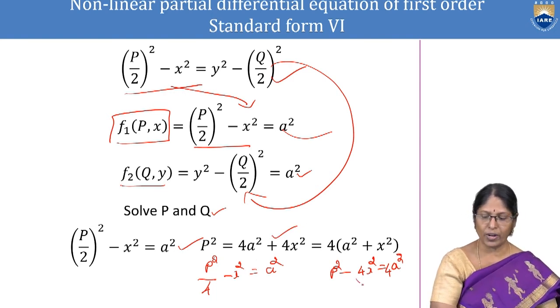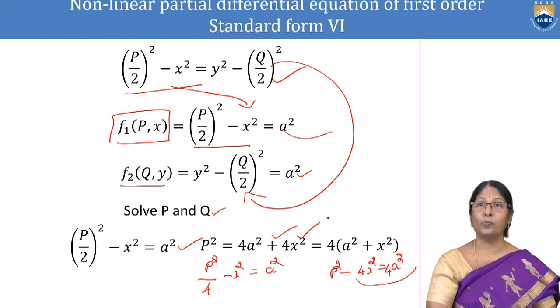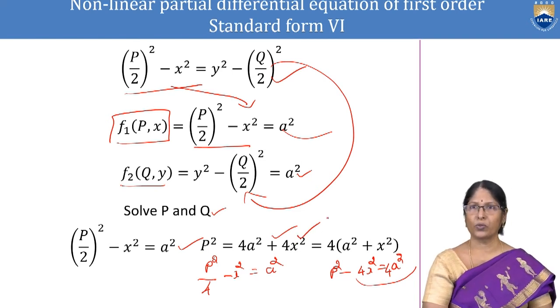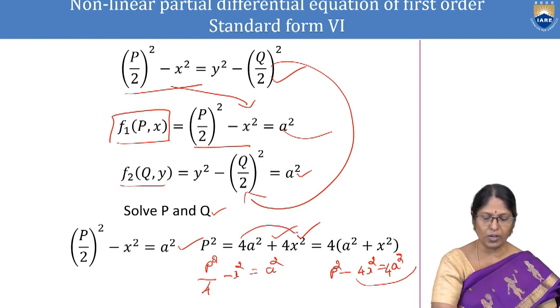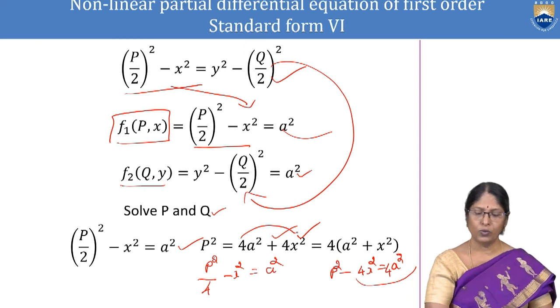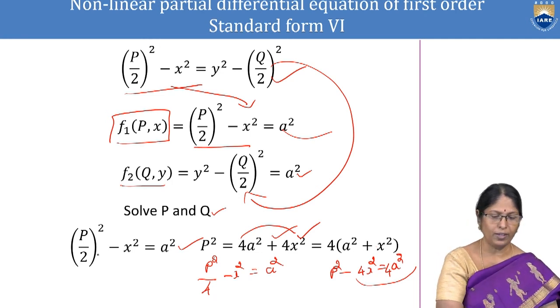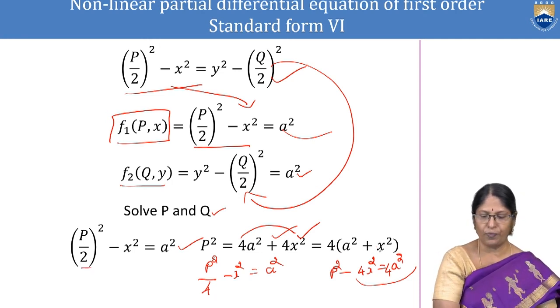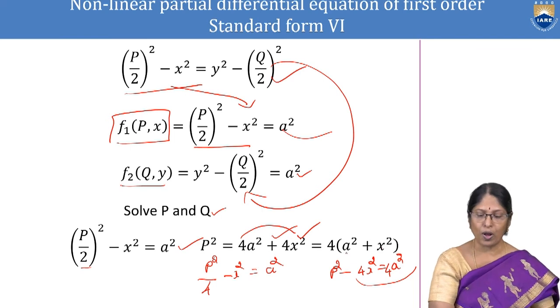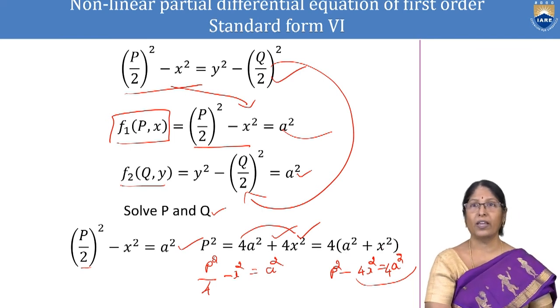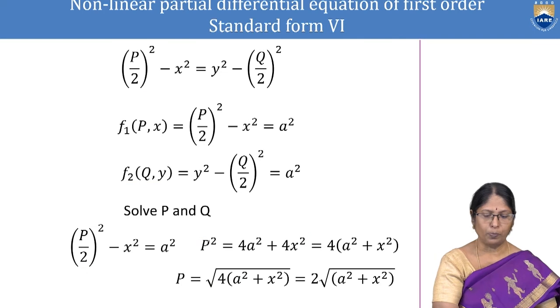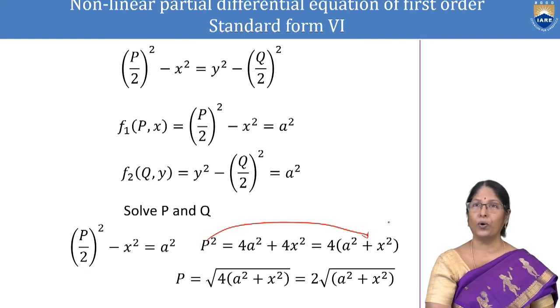The minus 4x square coming to this side becomes plus 4x square. In these two terms, 4 is common. So we got 4 of a square plus x square, that is P square equal to that.